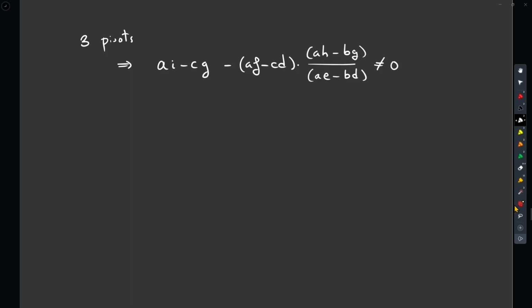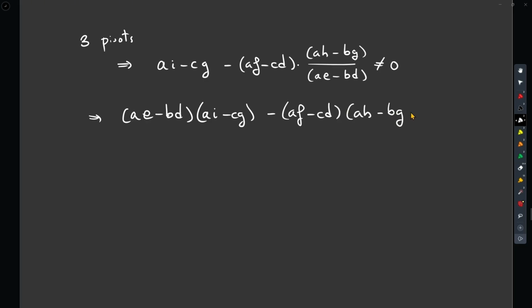And if I multiply through by this denominator, I get that AE minus BD times AI minus CG minus AF minus CD times AH minus BG is non-zero.